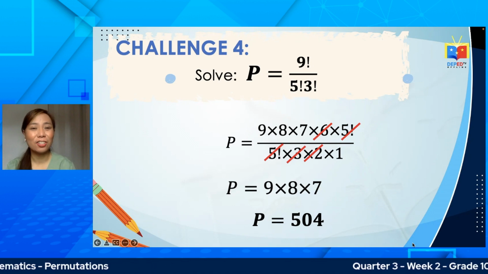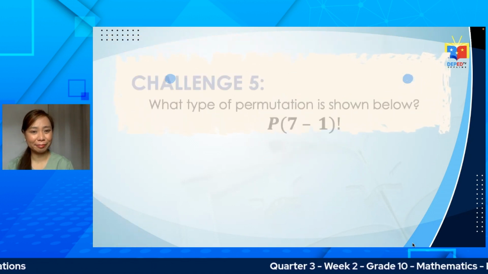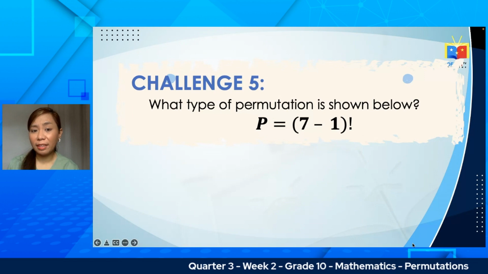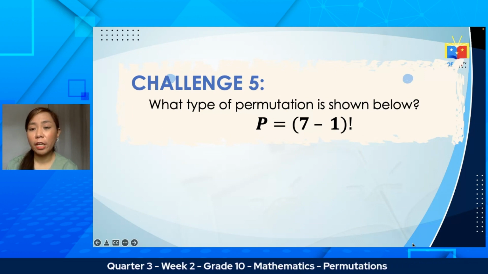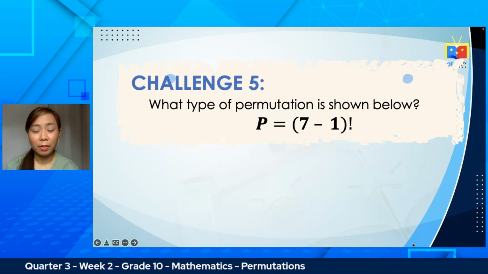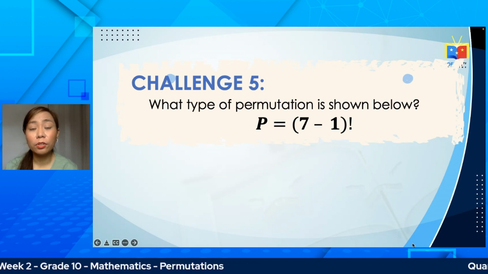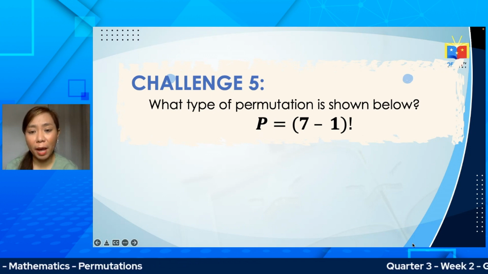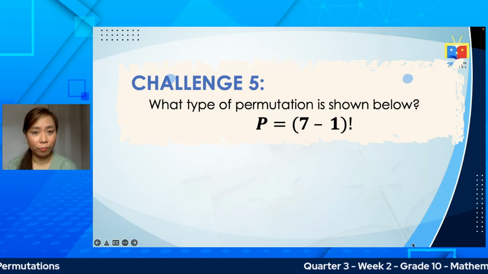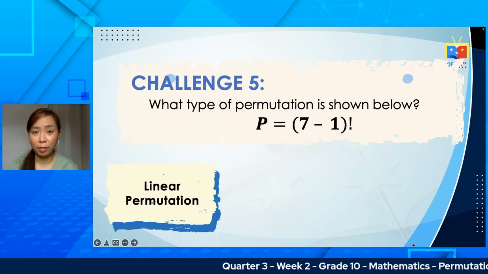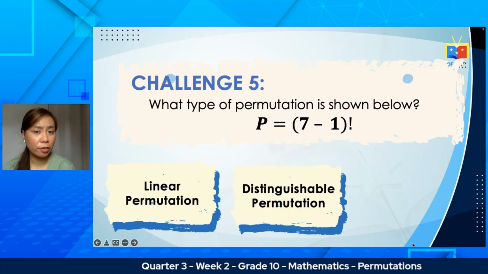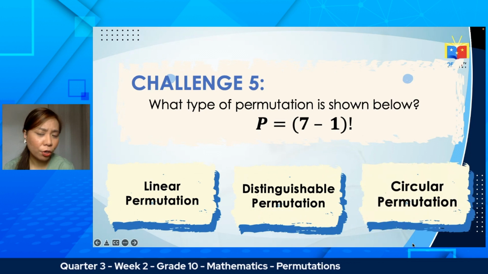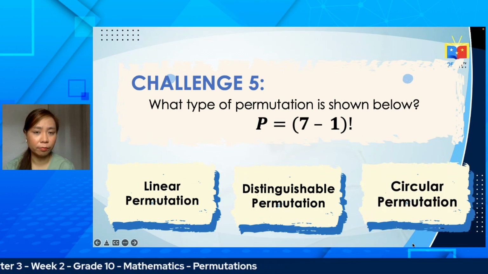Let's try challenge 5. What type of permutation is shown below? P is equal to the quantity 7 minus 1 factorial. Is it linear permutation, distinguishable permutation, or circular permutation?